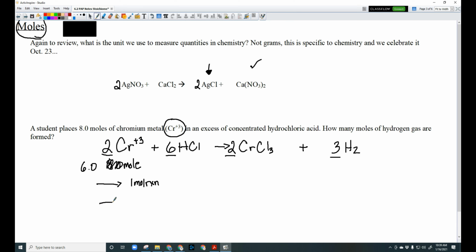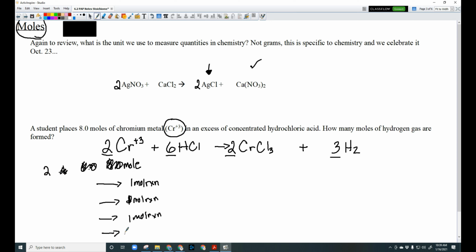So I can go through this reaction again. Let me put a 1 there. Another mole of reaction is going to use 2 moles of chromium, so 2 more. That's going to leave me 4. I'm going to go through this reaction again, 1 mole of reaction. It's going to use 2 more, so I have 2.